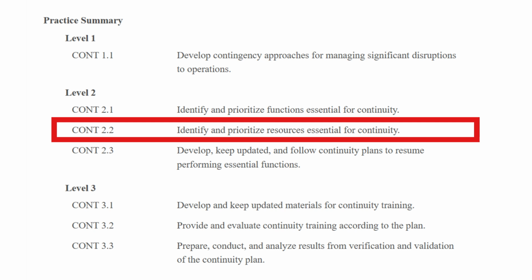Resources in this case, and throughout the CMMI model, are not just restricted to human resources, staff, but can include systems, processes, data, and infrastructure. As we saw with the previous practice, a resource can be hugely important to the business, but not necessarily essential to business continuity in the short term.